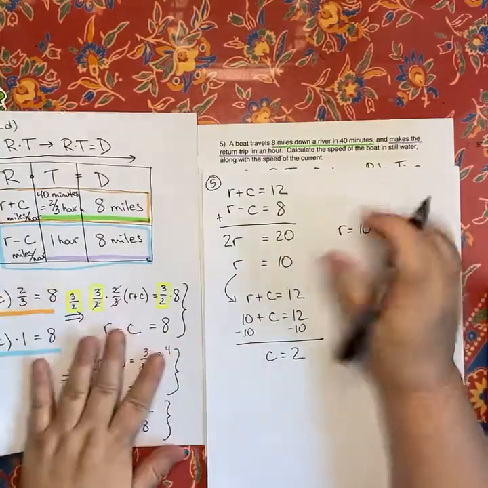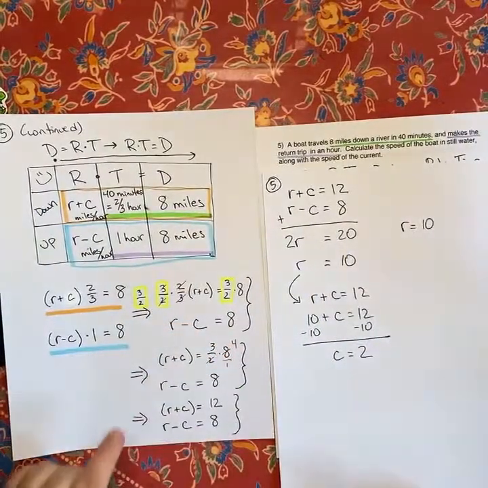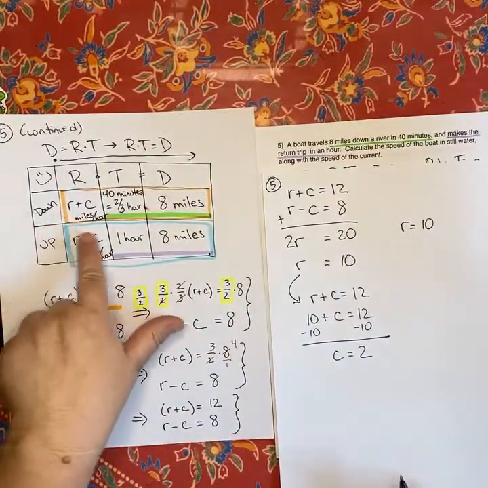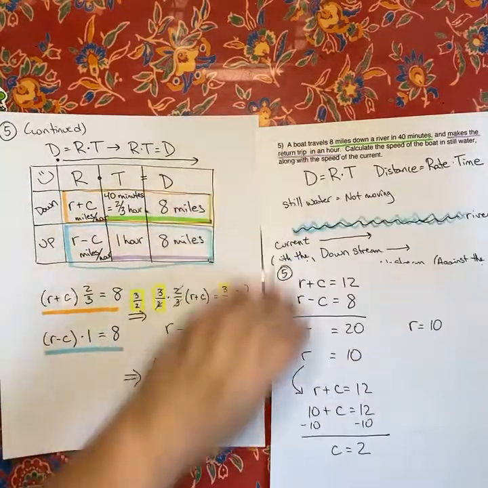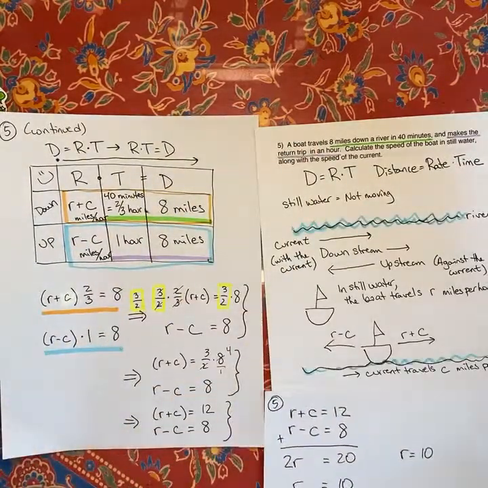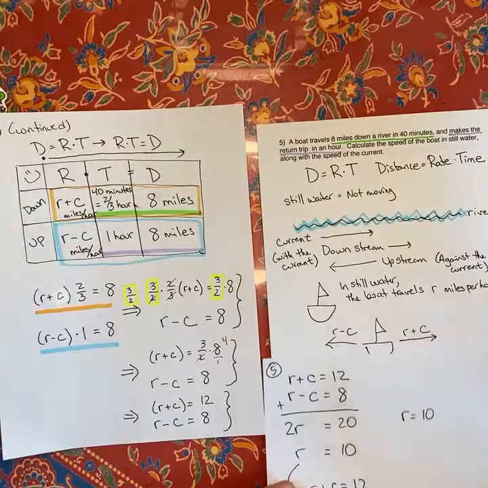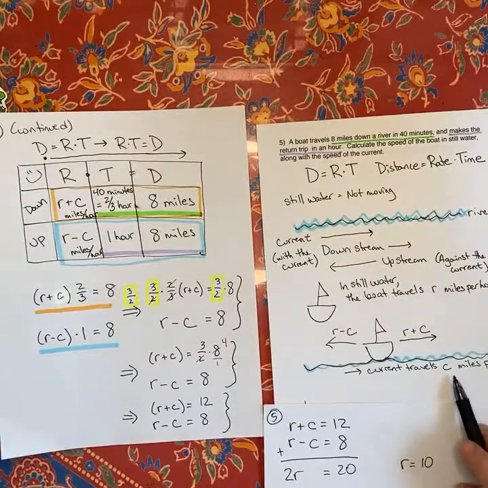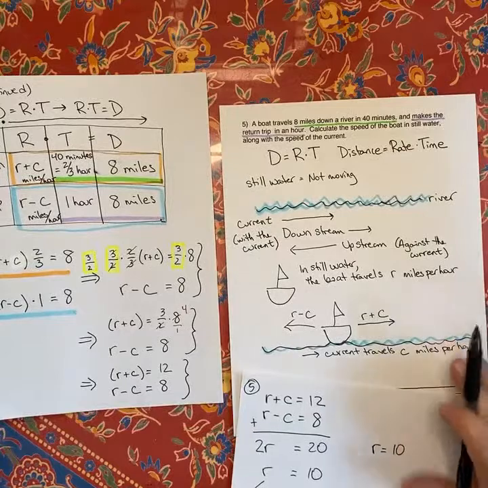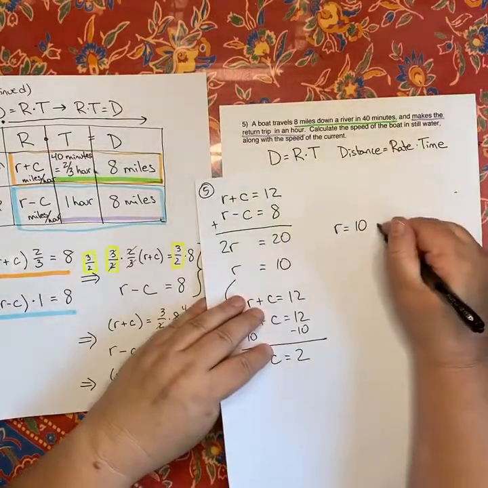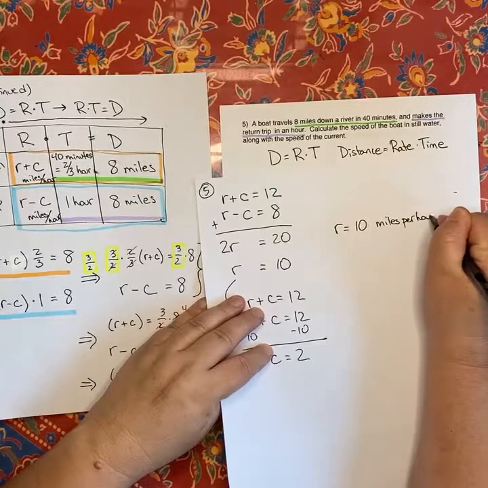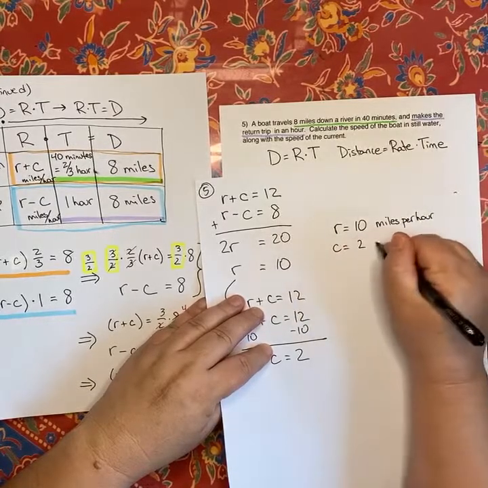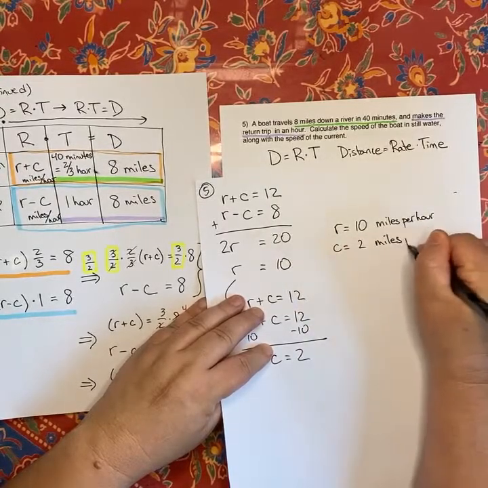Let's take a look at the chart. R is measured in miles per hour, right? Down here are miles per hour. The current is C miles per hour. Sorry about that. Miles per hour. And C is 2 miles per hour.